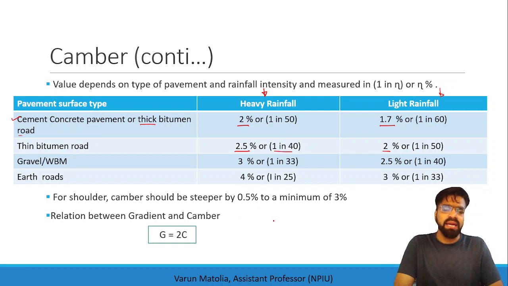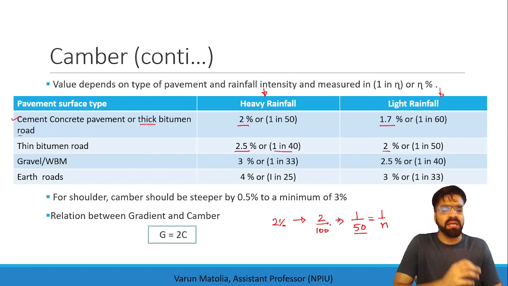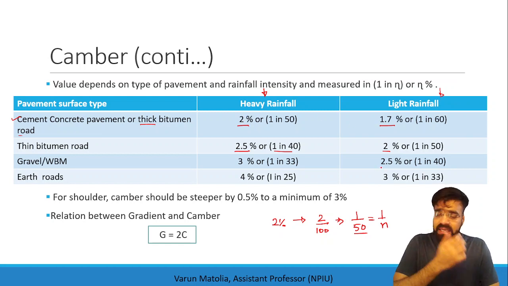If we write 2%, we can write it as 2/100, and convert this value to 1 in 50. So this can be written in 1 by n term. In many questions, you will find the value of camber in 1 by n form. So you should not remember all these values, just remember the percentage term, and you can directly convert them into the 1 by n form.